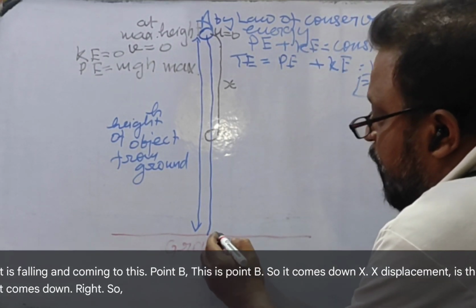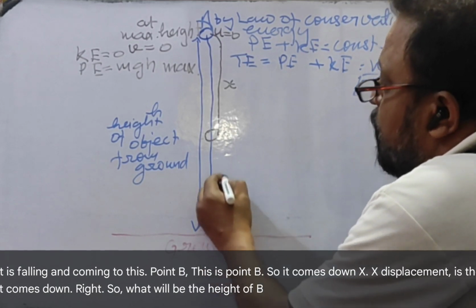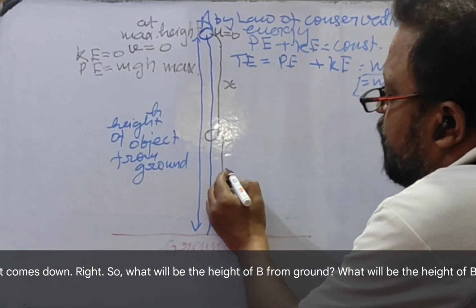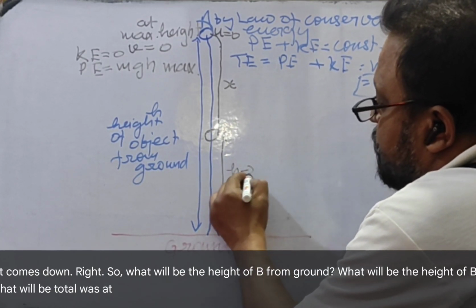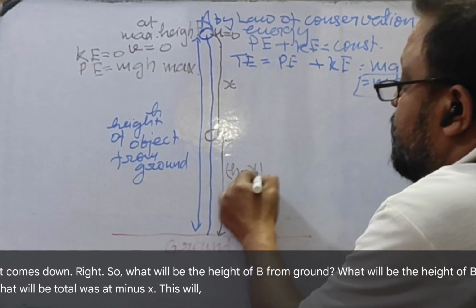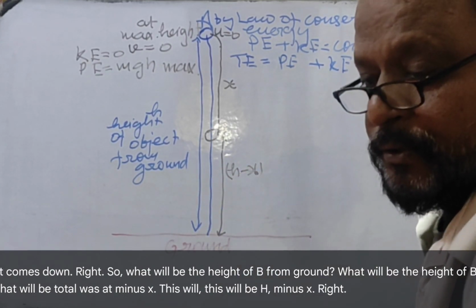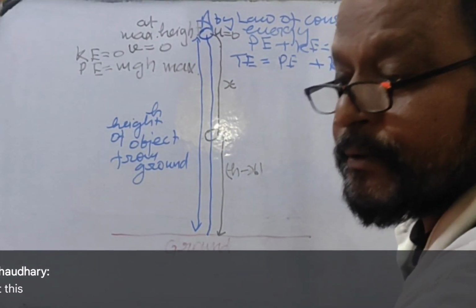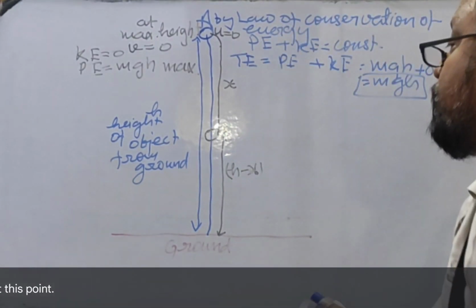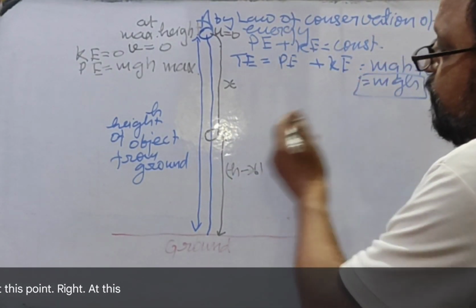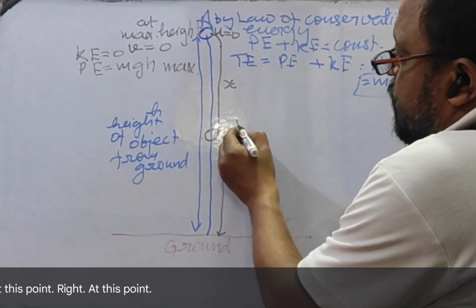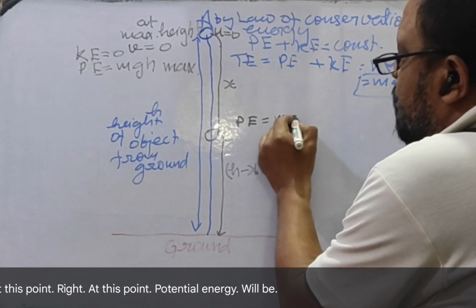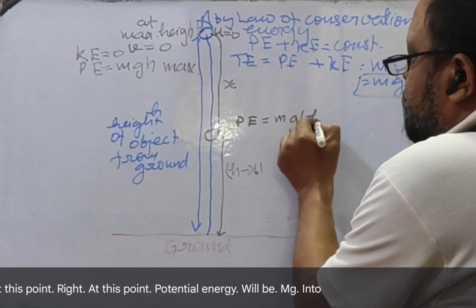So what will be the height of B from the ground? That will be the total h minus x. This will be h minus x. Right? So at this point, potential energy will be mg into h minus x, right?